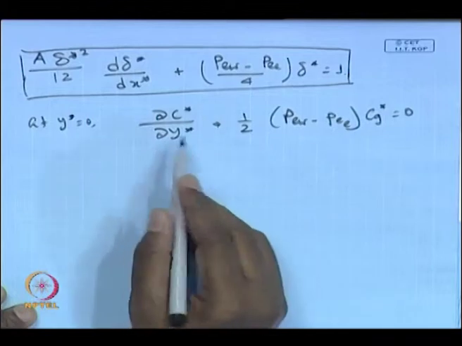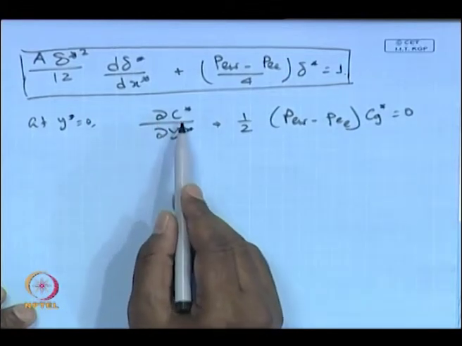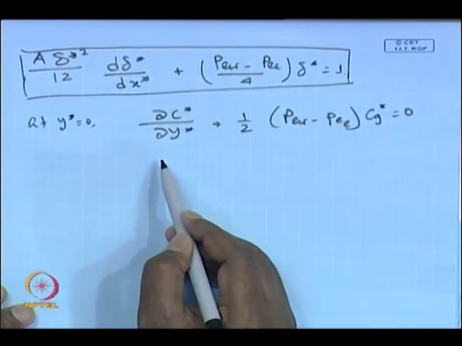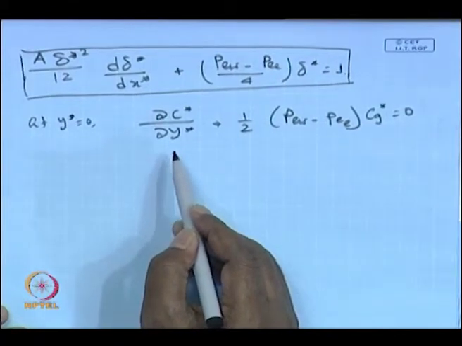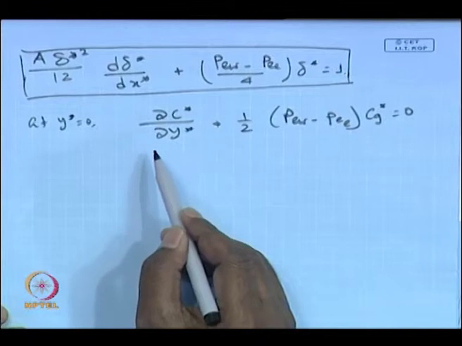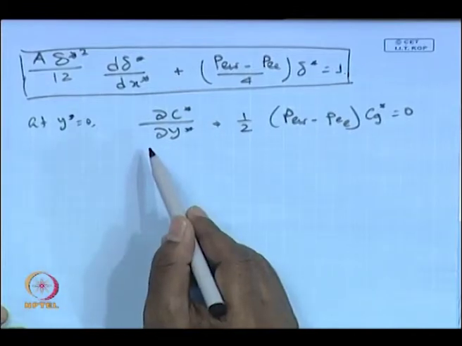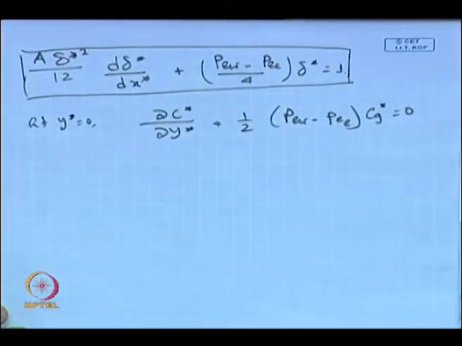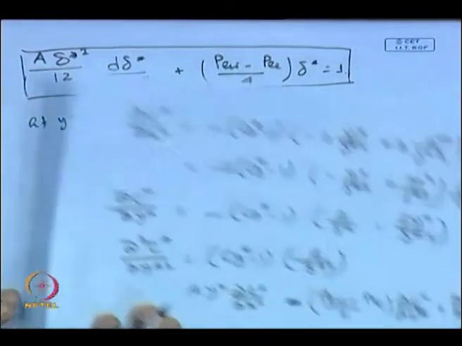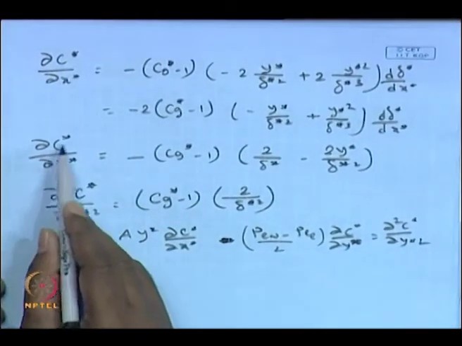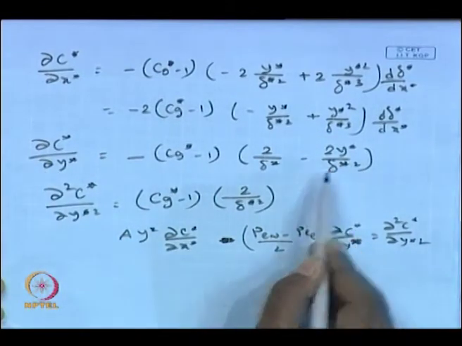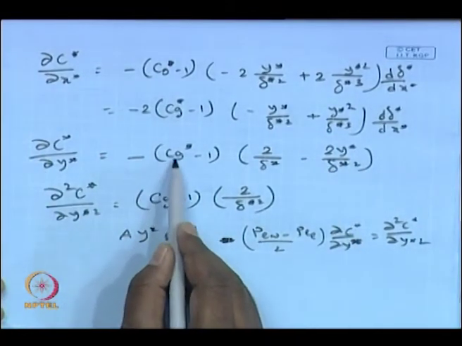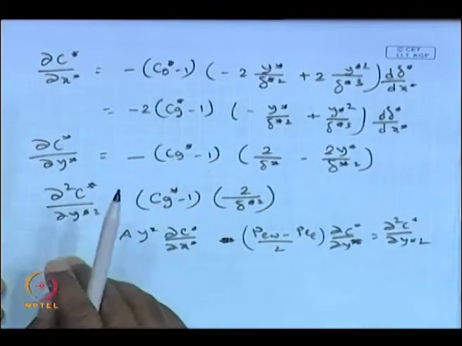We already got the derivative del c star del y star in terms of delta star and y star, and then evaluate that derivative at y star equal to 0. If you evaluate it at y star equal to 0, this term will be off and you will get minus 2 times Cg star minus 1 divided by delta star.